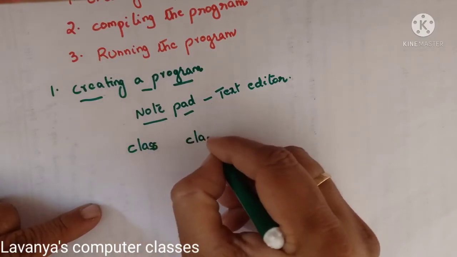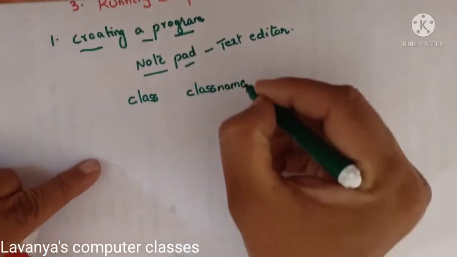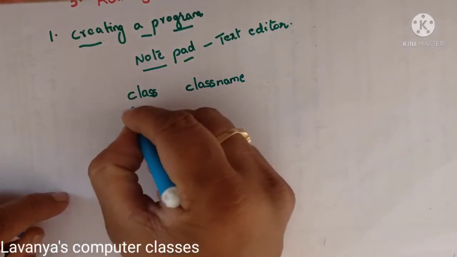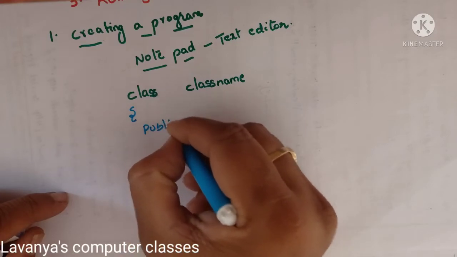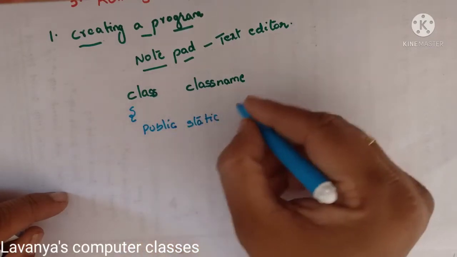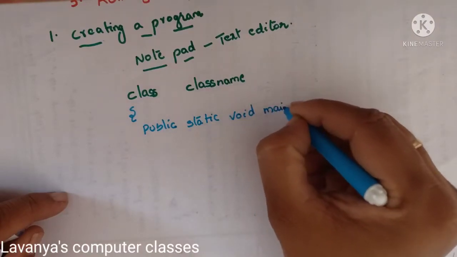In this program, first we have to write class name. The first letter of the class name should be a capital letter. Then start writing the program: public static void main, because it is the main function.